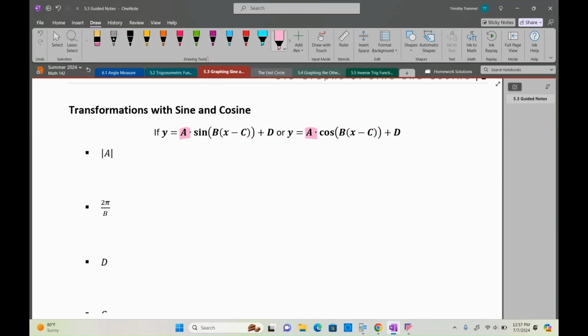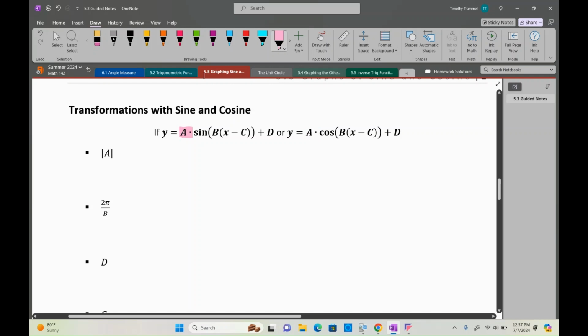So the y values, or let's say a is equal to 2, now the y values are going to be twice as big. Now, we talk about something very similar here for A. We call it the amplitude. And we actually take the absolute value of A to find what we'll call the amplitude.